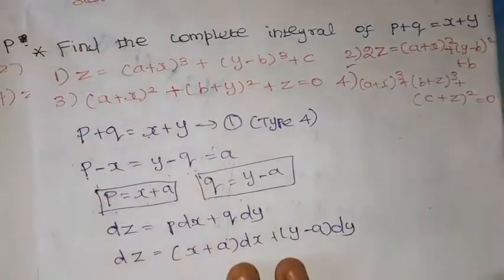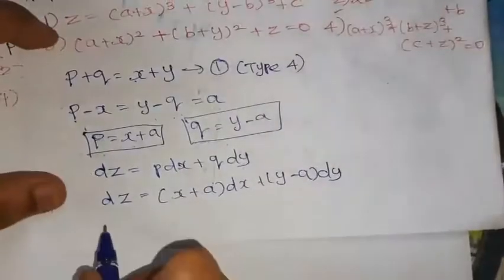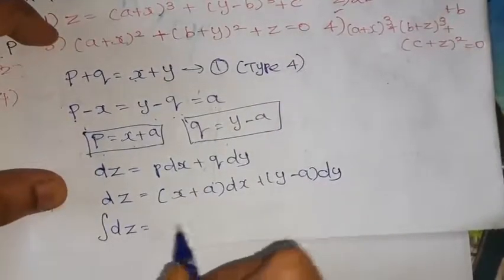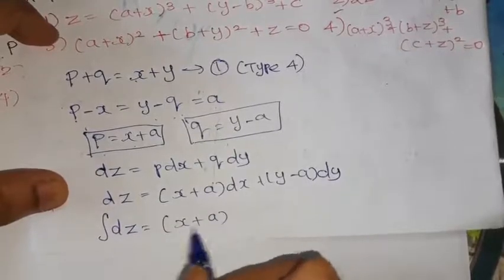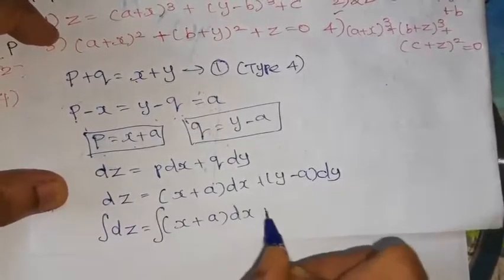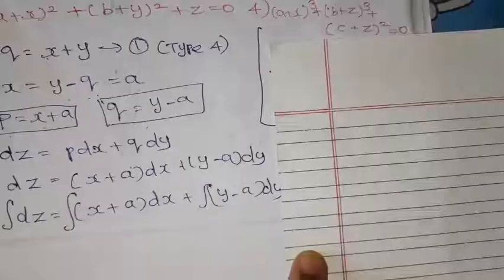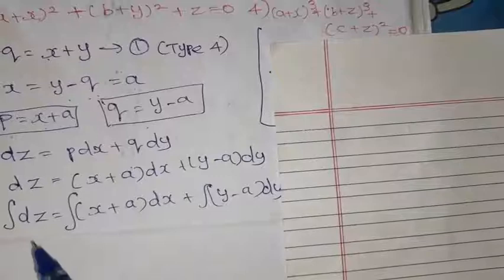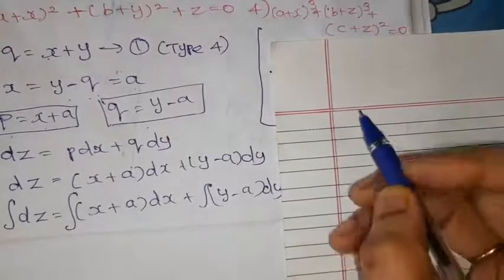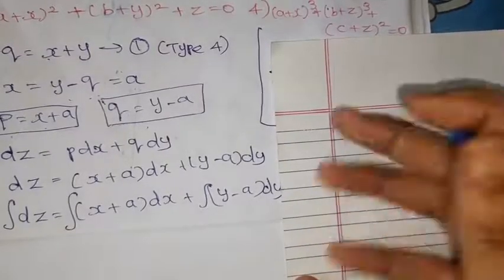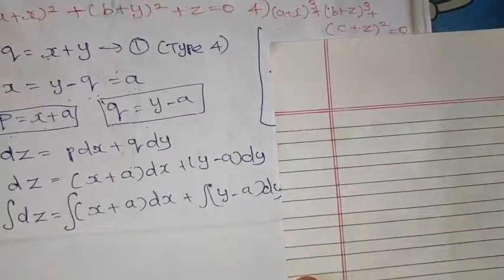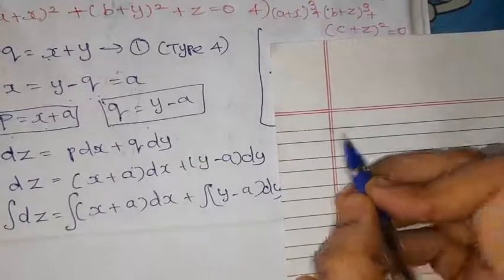Then the next step is integrating on both sides: integral dz equal to integral of x plus a dx plus integral of y minus a dy. See this one, integrating on both sides, what will we get? I am using this paper due to insufficient space on this page.